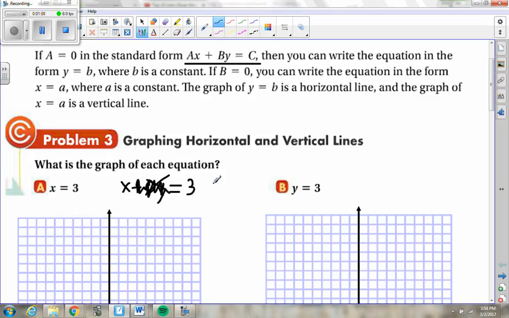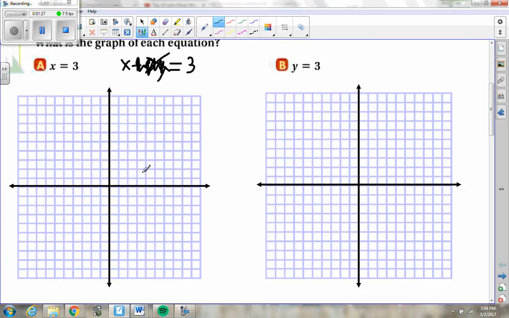Okay. When we have that, x equals 3, we're looking at a vertical line at all the x values where x is 3, because there is no y involved here at all. Y can be anything it wants. Just the x has to equal 3. So if we look at a graph of this, where's the point where x is equal to 3? Well, that would be right here.